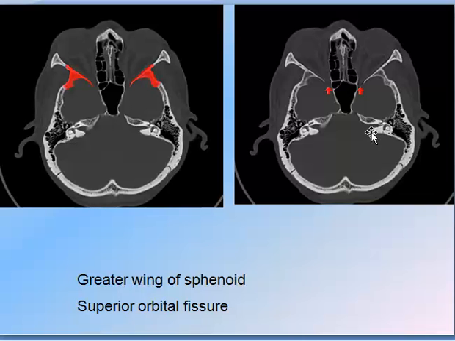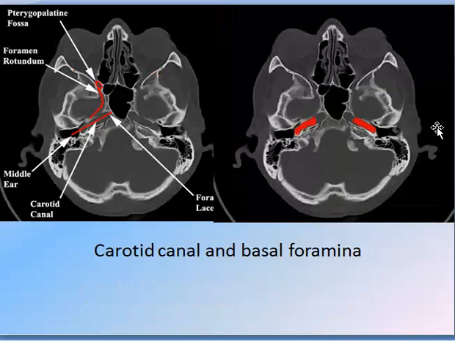Internal canals, greater wing of sphenoid, superior orbital fissure. Carotid canal and basal foramina.